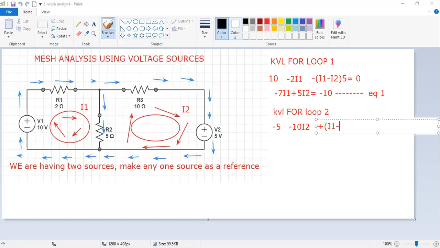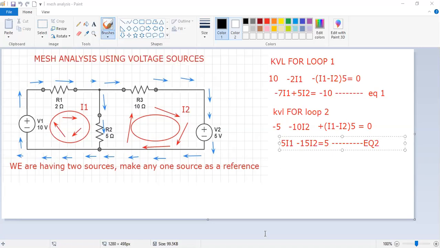I1 minus I2, into 5 should be 0. Then 5I1 minus 15I2 is equal to plus 5. This is equation number 2.